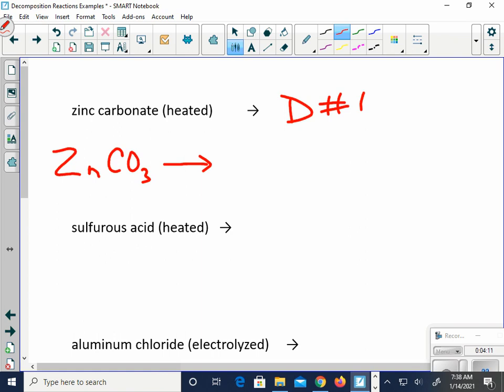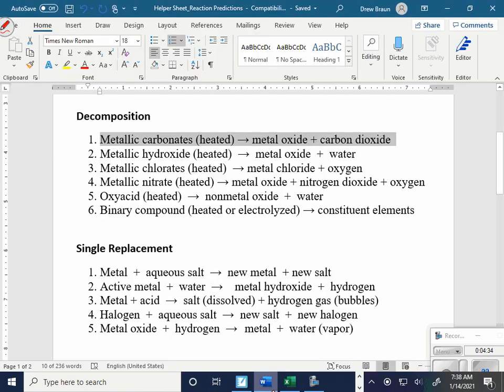I need to heat that. So we signify that as a triangle above the yield sign. That triangle tells me that I need to heat this in order to get the energy necessary to decompose. Now, my metal carbonate gives me a metal oxide and carbon dioxide.